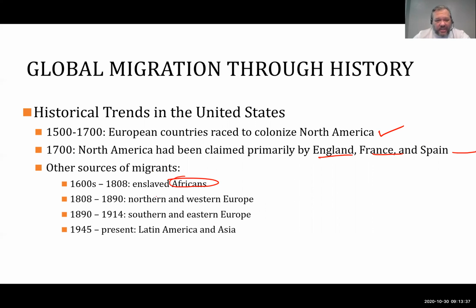Once 1800 hit, 1808, the slave trade was made illegal. The importation, not slavery, was made illegal, but the importation. So in the U.S., the 1800s basically was Northern and Western Europe. 1890 to 1914 was Southern and Eastern Europe. And then today's migration to the U.S. mostly comes from Latin America and Asia.